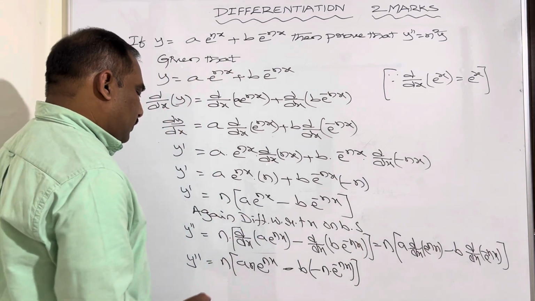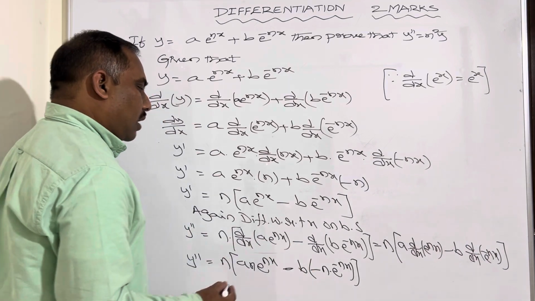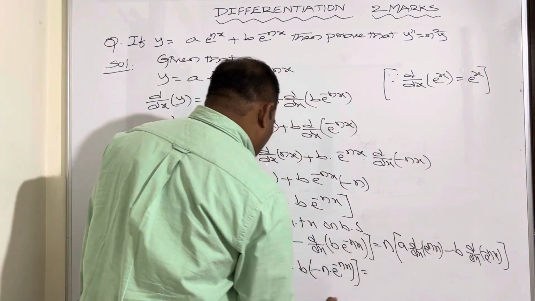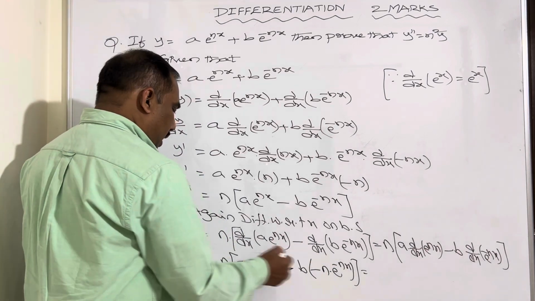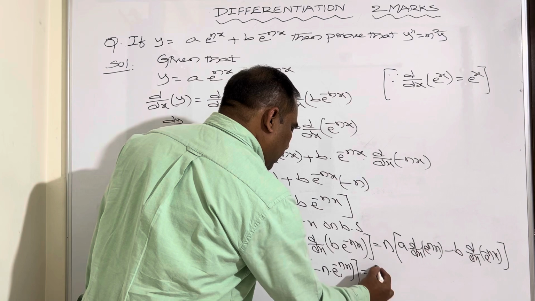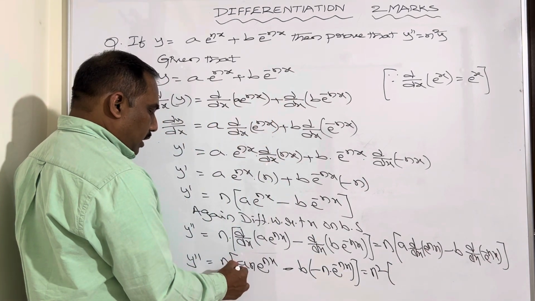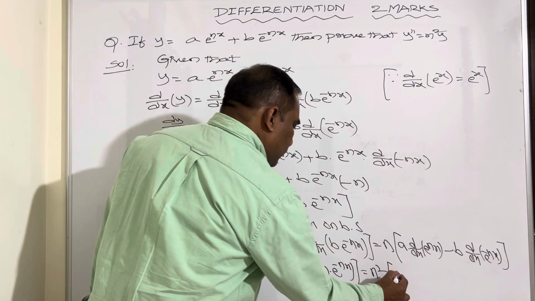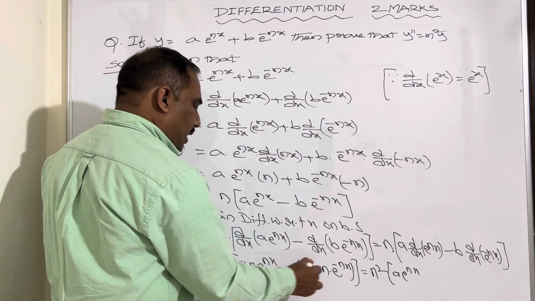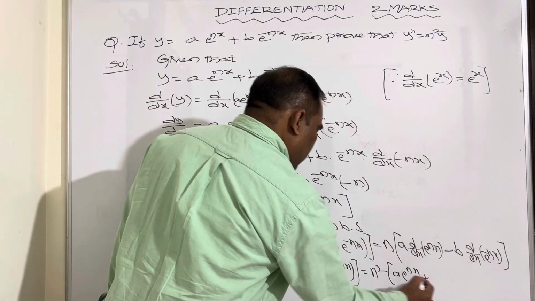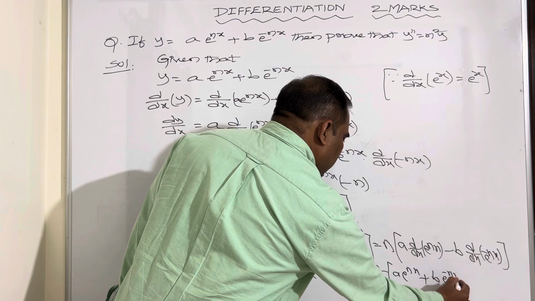Finally, within the bracket also n is common, so if you take n common within the bracket, we get n into n, which is n square, into a into e to the power of nx, and minus into minus is plus, b into e to the power of minus nx.